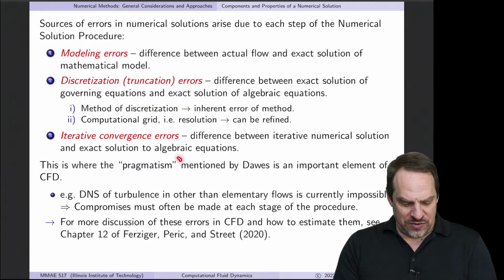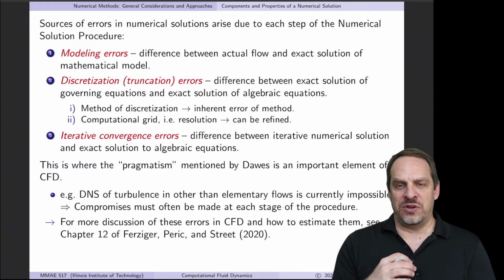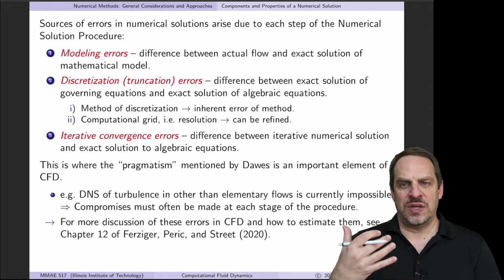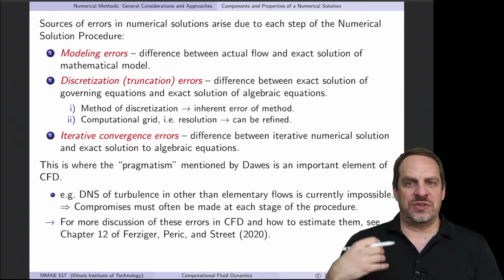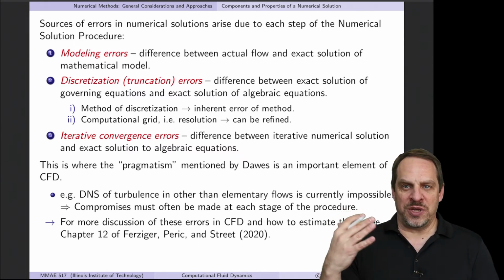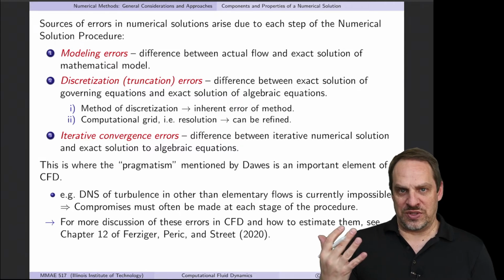Now, you can see very clearly where the pragmatism in that Dawes quote from an earlier video comes in. At every step of the numerical solution procedure, we're making decisions that impact these errors. If my sole purpose is to eliminate these errors, I'm going to end up with a huge problem that might not be practical to solve on the computer resources that I have.